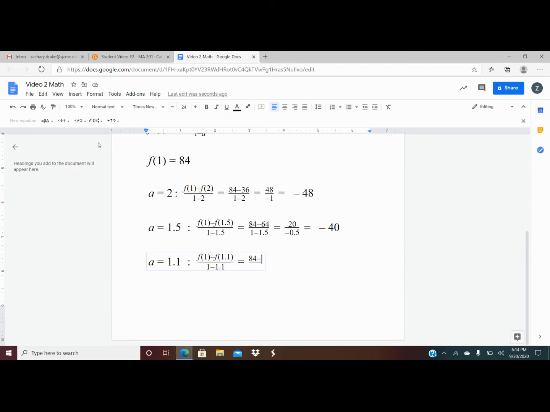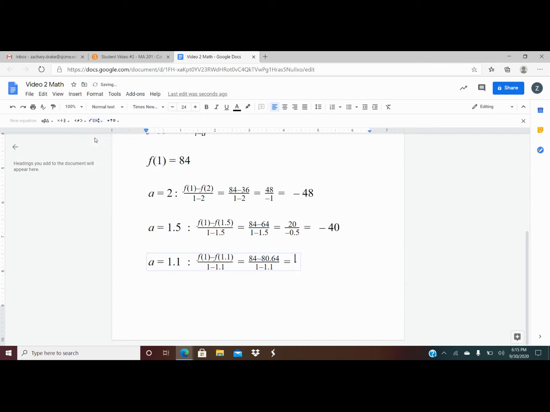Multiply that by 16, we get 19.36. Subtract that from 100, and we get 80.64, all over negative 0.1, or 1 minus 1.1, either way.